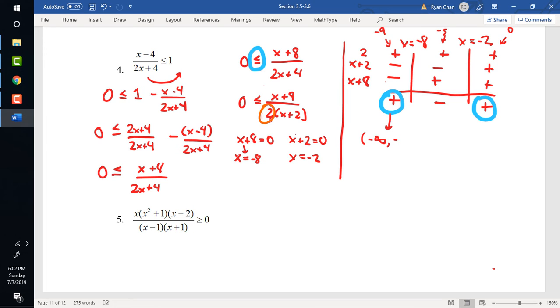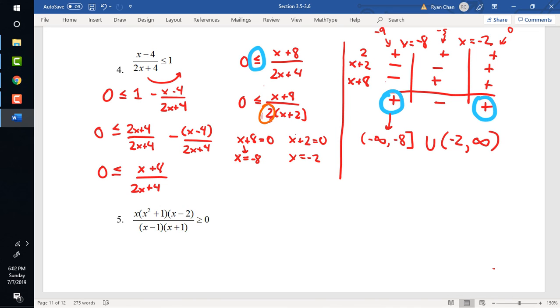I will do a bracket this time because if I plug in negative 8, that will only become 0 on the top, and it's a bracket because I have less than or equal to. Normally, less than or equal to or greater than or equal to always use brackets unless it becomes undefined. Now negative 2: notice if I plug in negative 2 here, it becomes undefined because it becomes 0 on the bottom. So this becomes parentheses negative 2, and it goes all the way up to infinity.